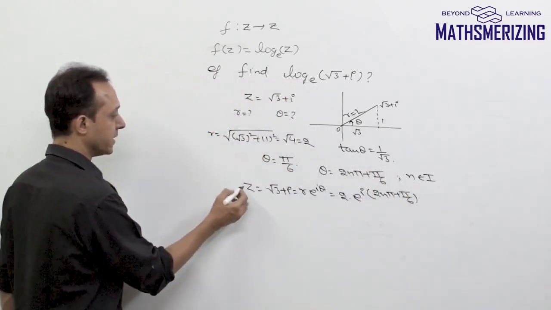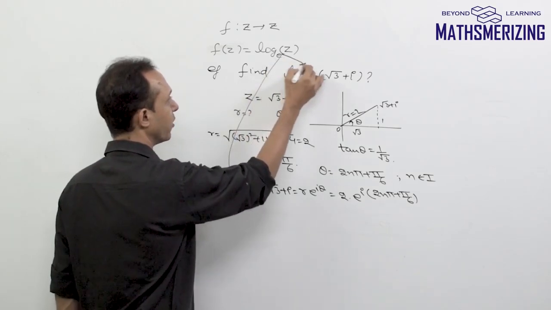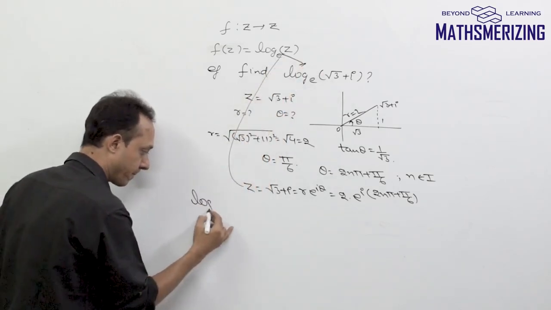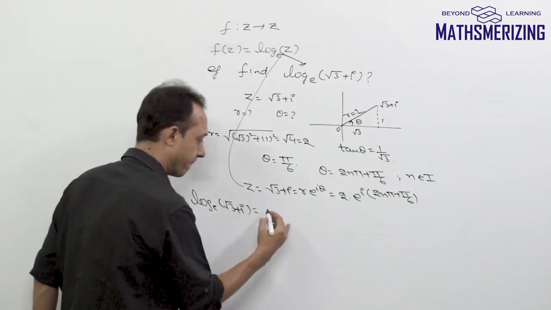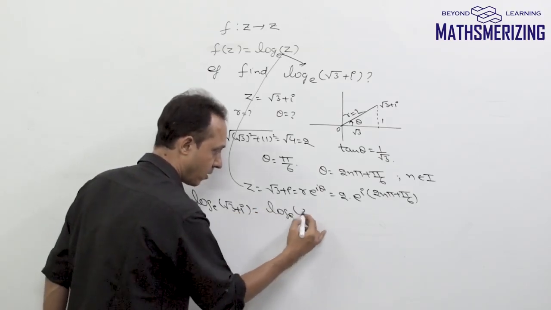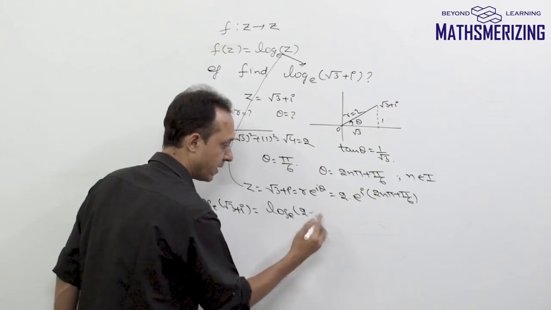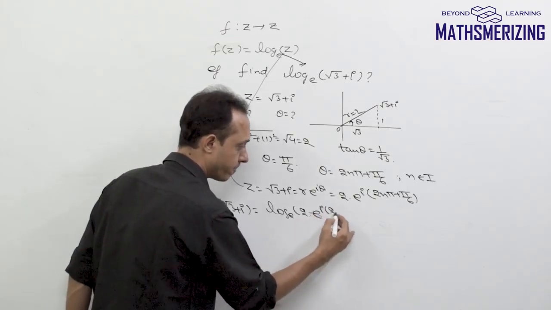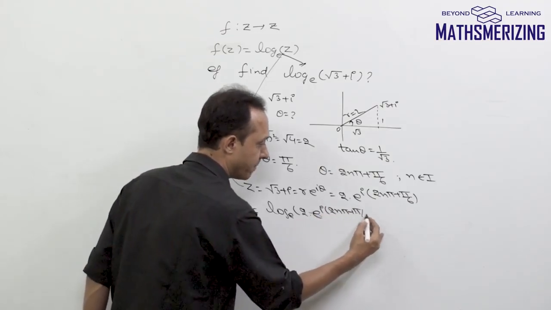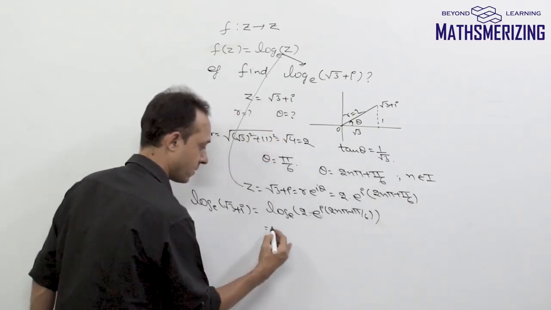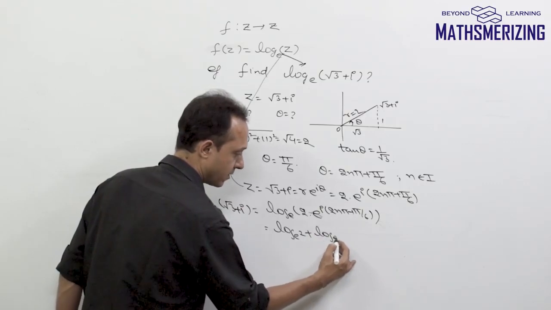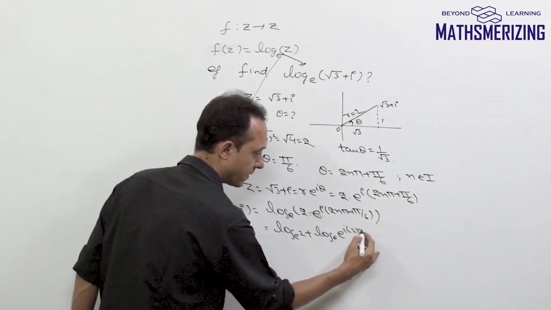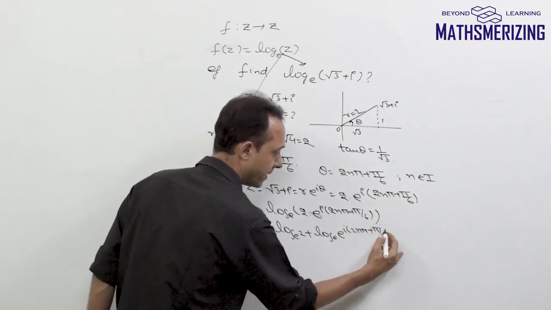Now I'll put this value of z in given logarithm. So this log root 3 plus iota will be log 2 into e to the power iota 2n pi plus pi by 6. So I'll write log 2 plus log e to the power iota 2n pi plus pi by 6.